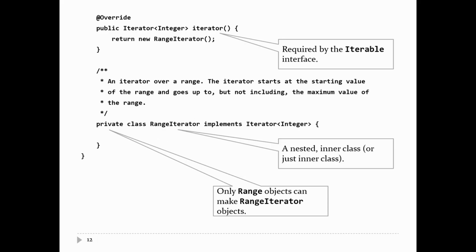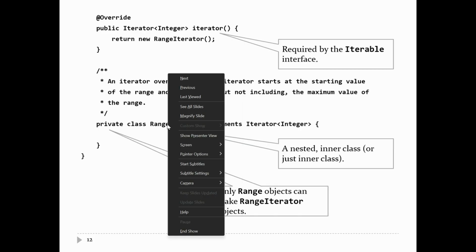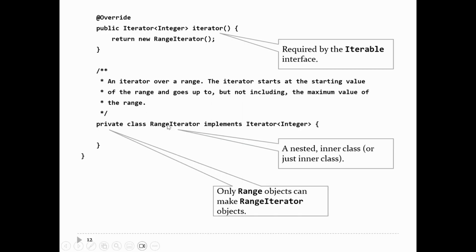So there are only two classes that can see rangeIterator: the rangeIterator class itself, and the class that it's defined in. So range can see it, which means range can make a rangeIterator object. That makes that line of code there legal. So that's what the private here means.